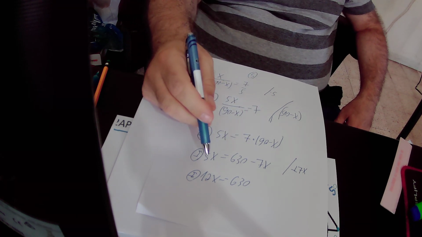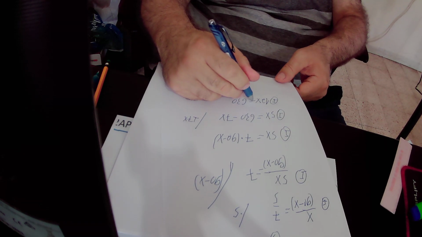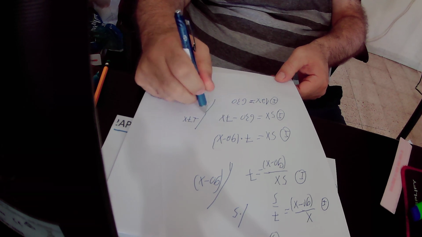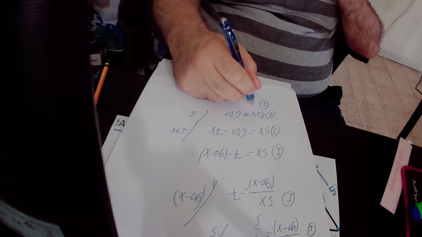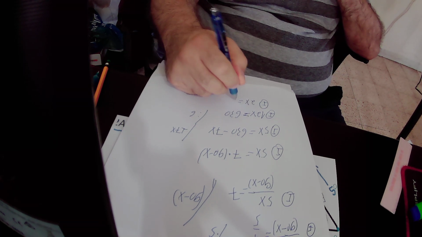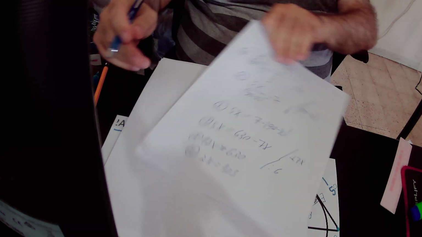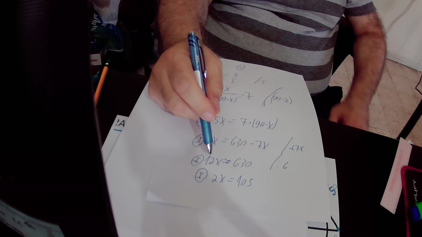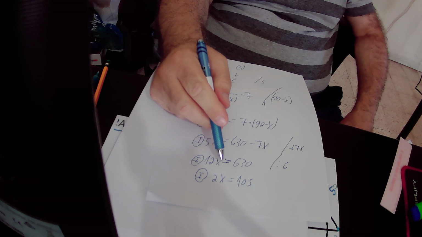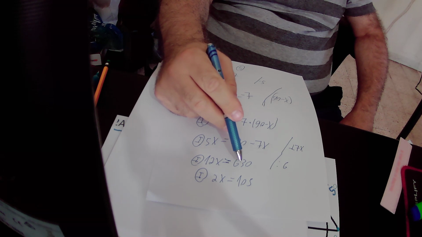Now we can divide both sides of the equation by 6. So 12x divided by 6 equals 2x, and 630 divided by 6 equals 105.